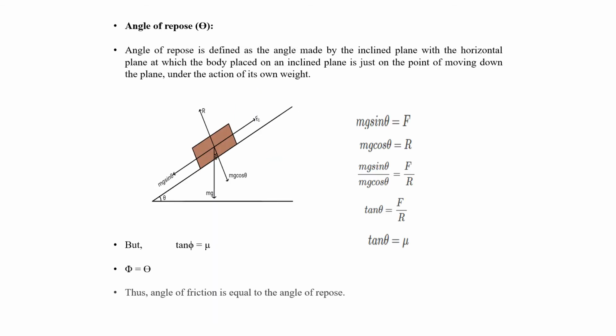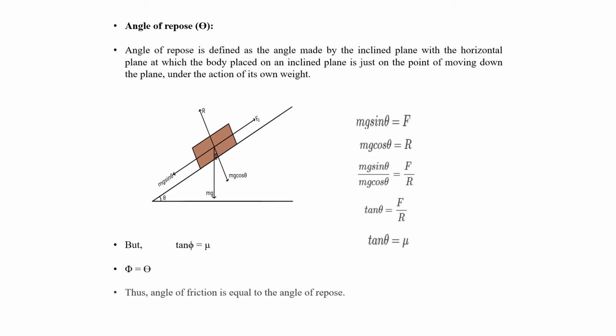The angle of repose. So the angle of repose is defined as the angle made by an inclined plane with the horizontal plane at which the body placed on the inclined plane is just on the point of moving down the plane under the action of its own weight.